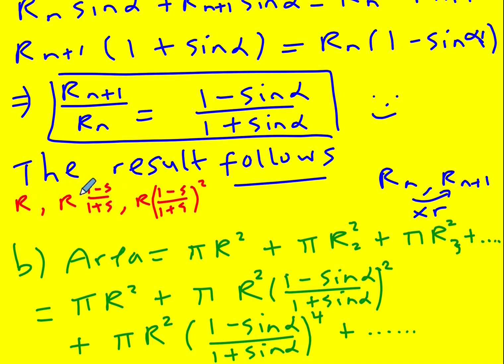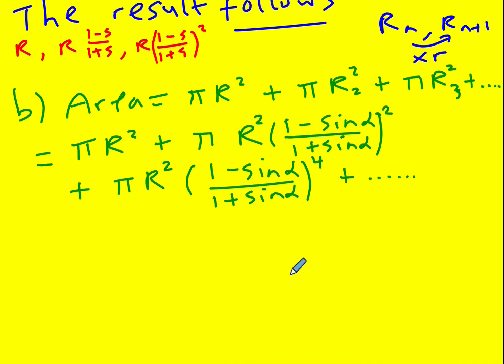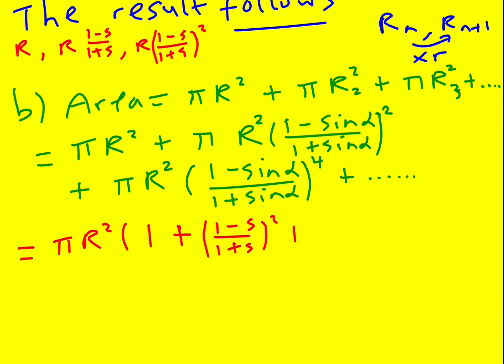So it's going to be this squared, and this squared. I'm just trying to justify why it's to the power 4. And that'll be to the power 6, and so on. So factorize out the pi r squared in capitals, and then it's going to become, I think it's fine to abbreviate.